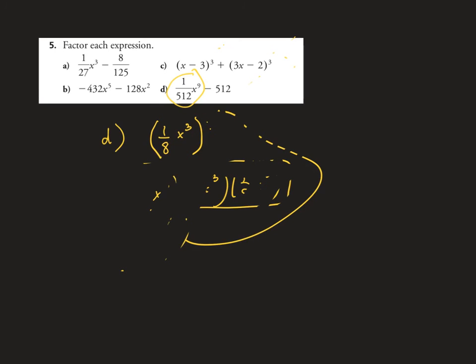All right, so what do we got here? So this 512, by the way, that's super easy. So we have this is a minus 512 is just 8 cubed.